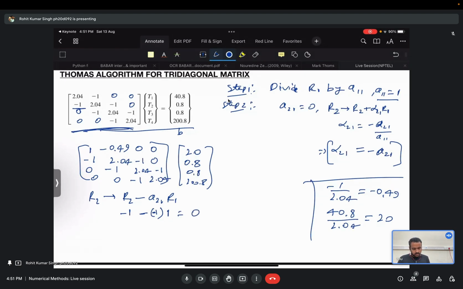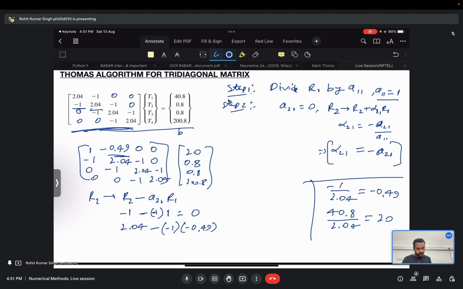And then again for row 2 you have 2.04 minus of minus 1 times the value at R1, which is minus 0.49.